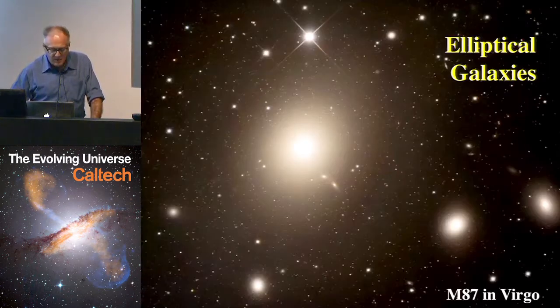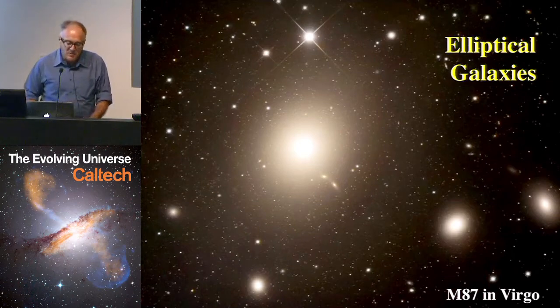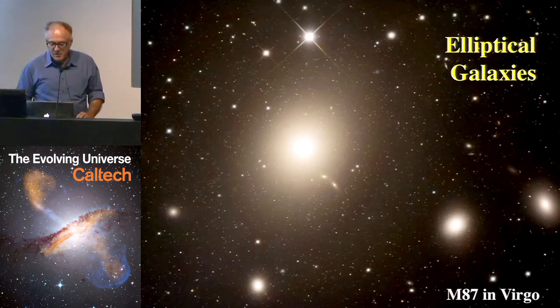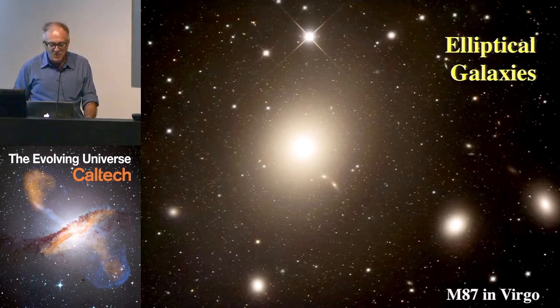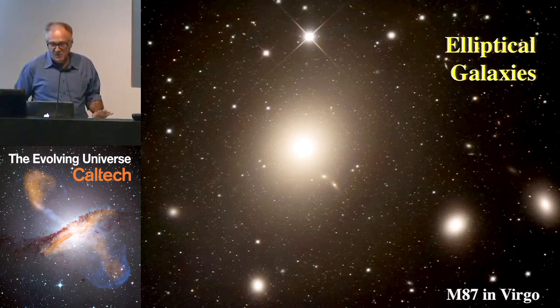So, elliptical galaxies. Here is a nice prototype. Actually, it's an unusually big one. It's M87, the biggest galaxy in the Virgo cluster. And it exemplifies many of the properties of big ellipticals. You can notice that there isn't any structure to speak of. All these things that you see on top of M87 are just foreground or background galaxies.